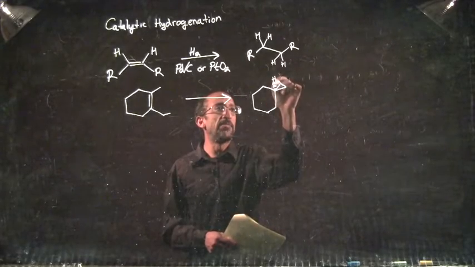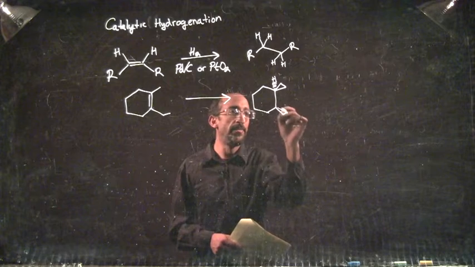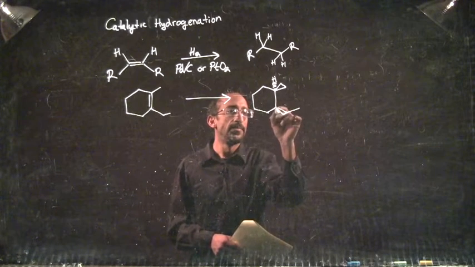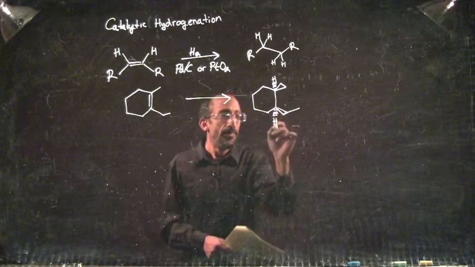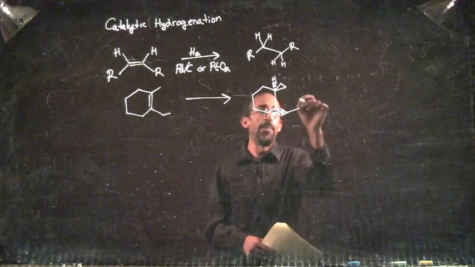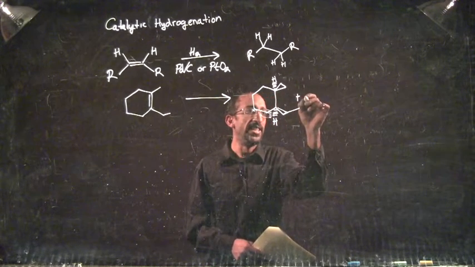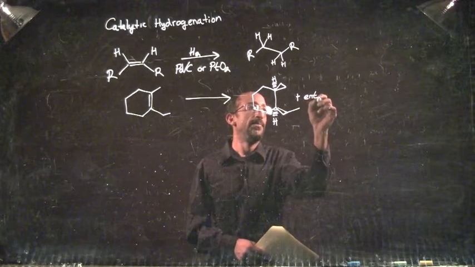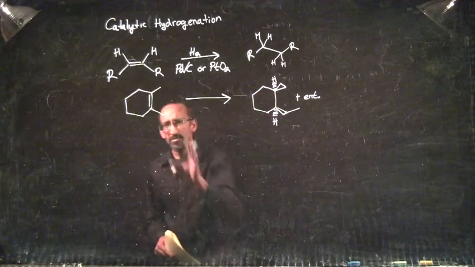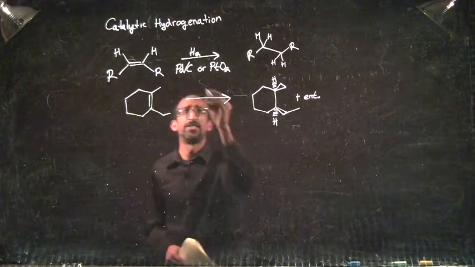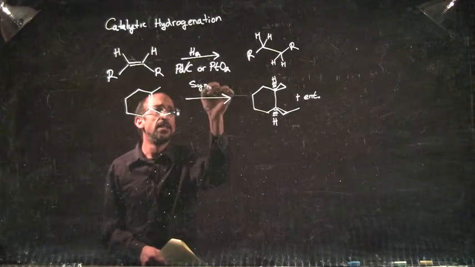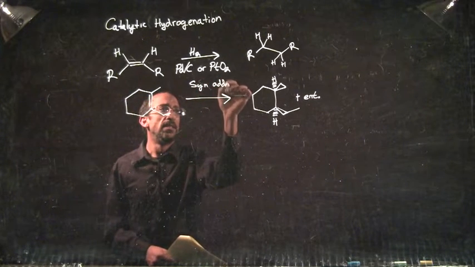So here I'm adding them to the back face of the alkene. And I'm going to form this compound plus its enantiomer, right? And so catalytic hydrogenation, this is a syn addition.